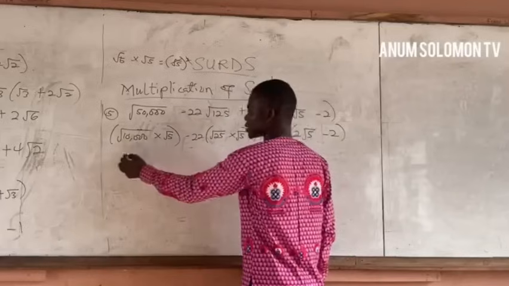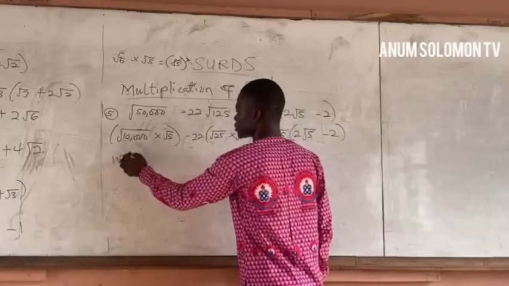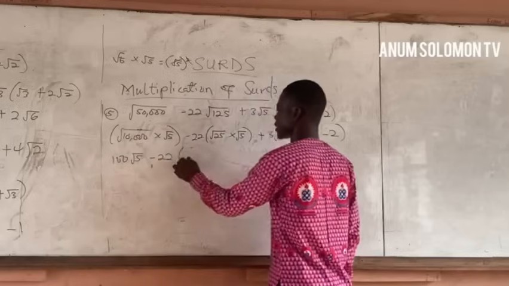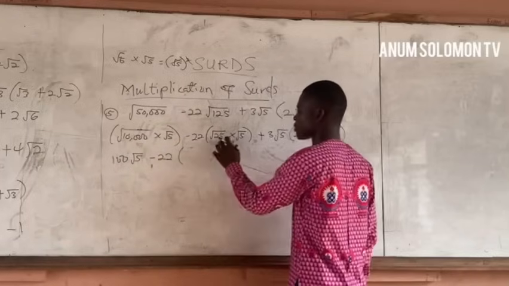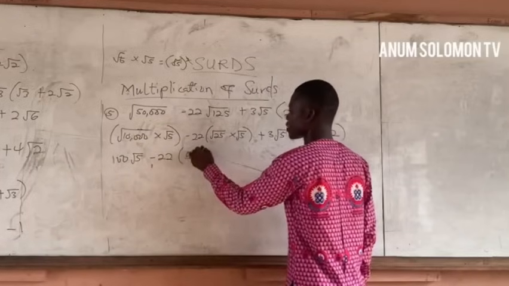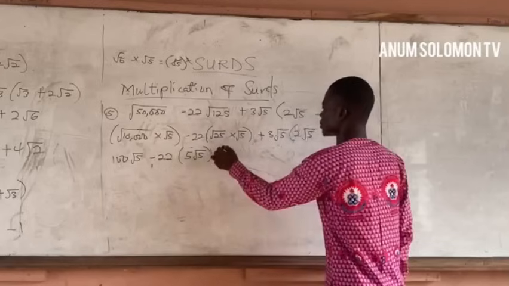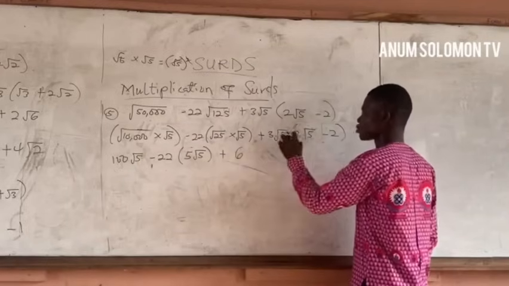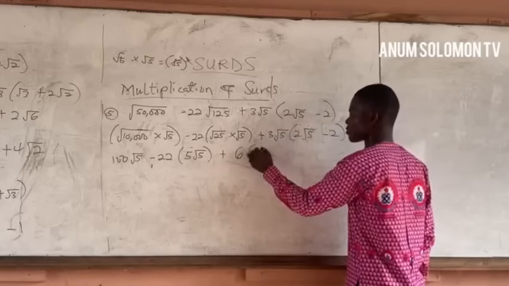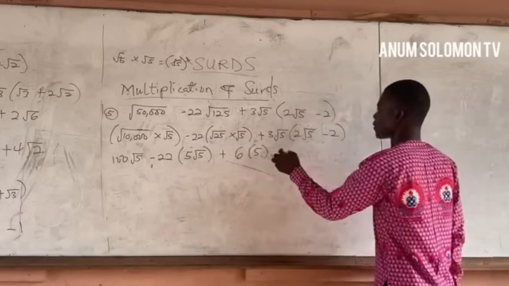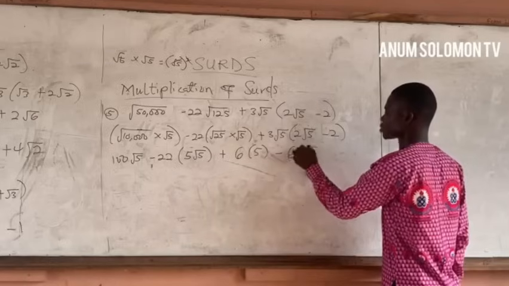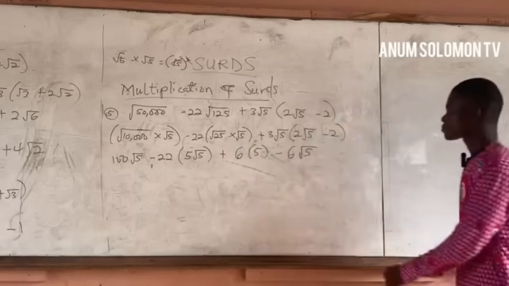So now let's move on. Root of 10,000 is what? 100 root 5 minus 22 bracket root of 25 is what? 5 root 5 plus 3 times 2 root 5 by root 5 is what? 5 minus 3 times 2 is minus 6 root what? 5.